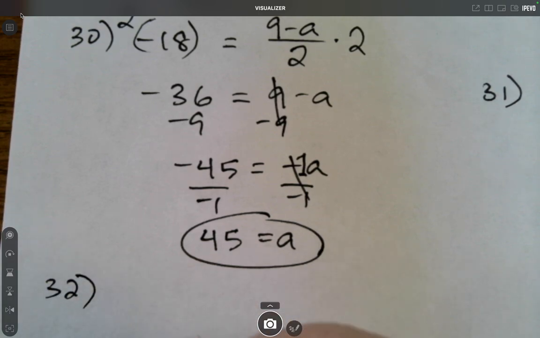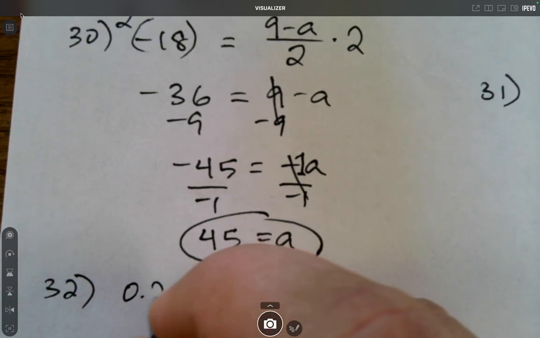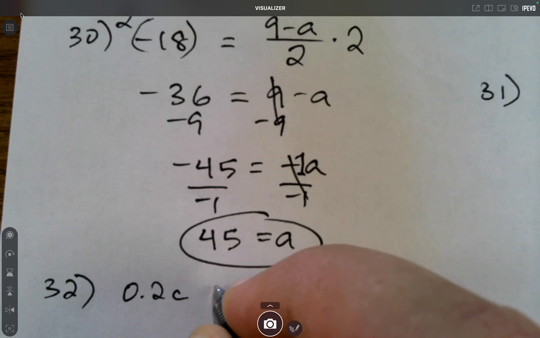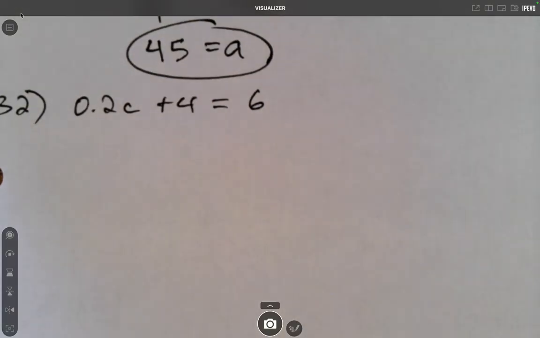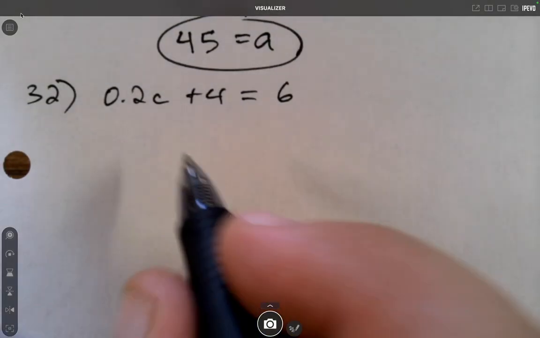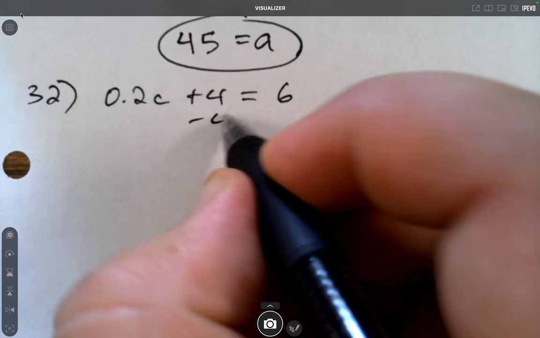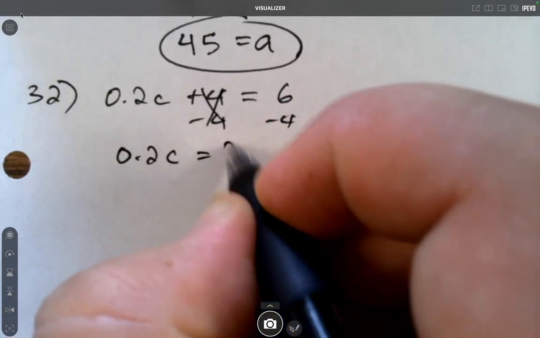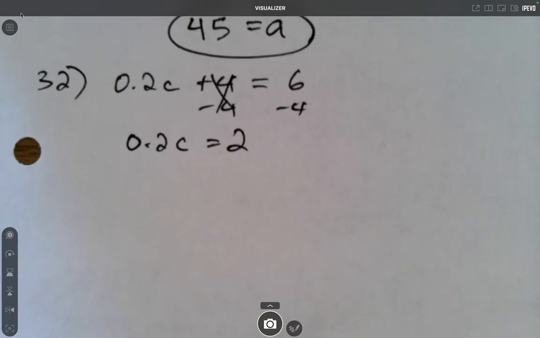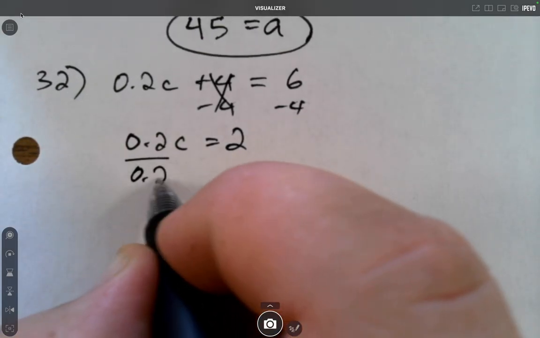Okay, 32. 2c plus 4 equals 6. So the 4 is farther away from the c, so we want to subtract 4 from both sides first. And then we divide both sides by 0.2.